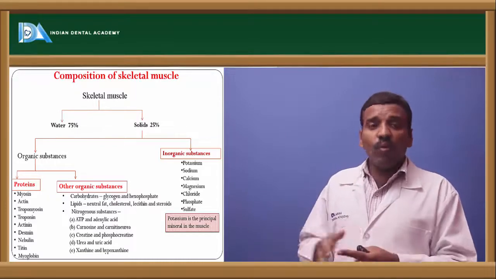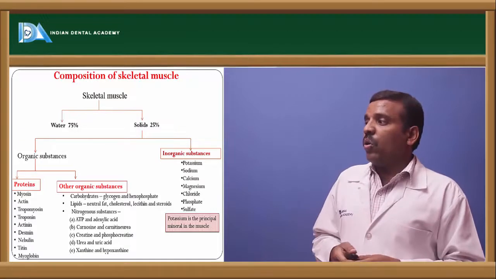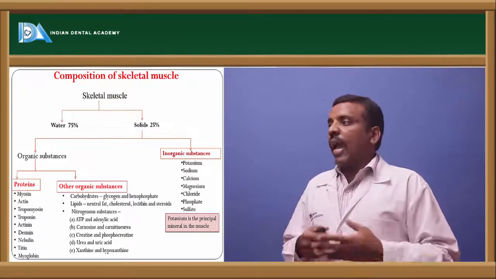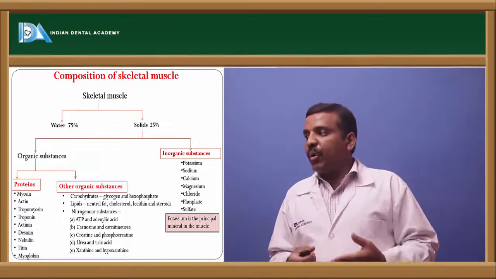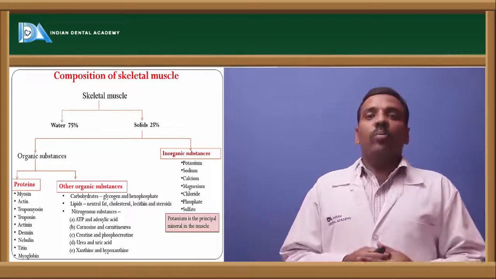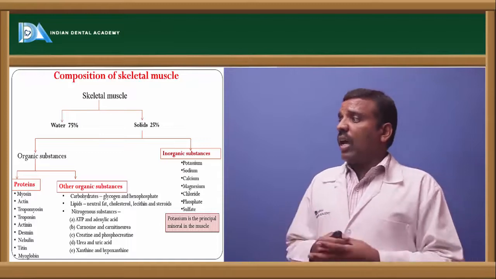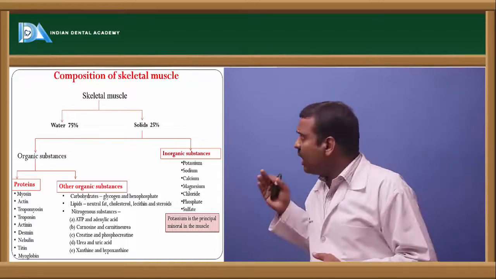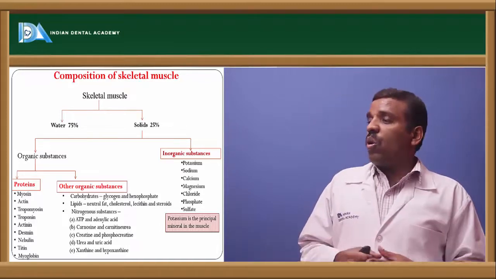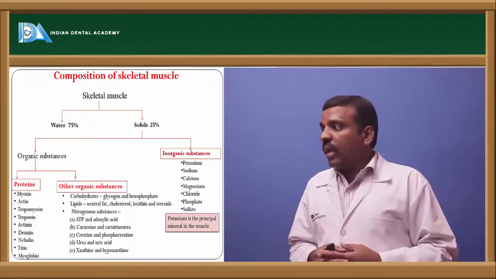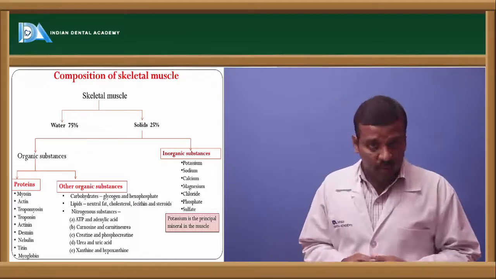Along with these, we have tropomyosin, troponin, actinin, desmin, nebulin, titin and myoglobin. The other organic substances are carbohydrates, lipids and nitrogenous substances.